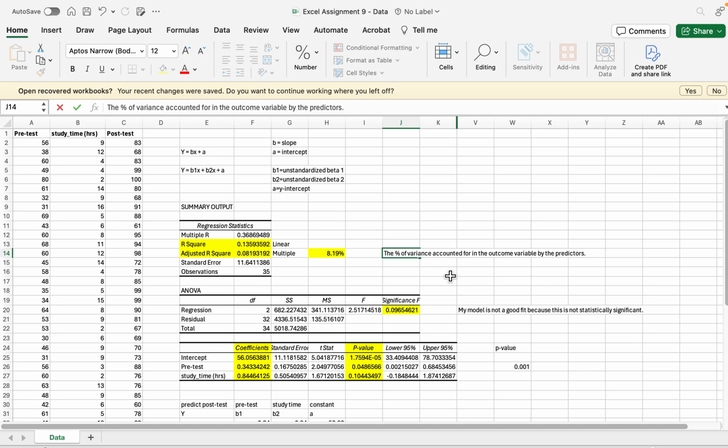So we can say that 8.19% of the variance in post-test score is accounted for by this set of predictors. However, the model is not statistically significant.